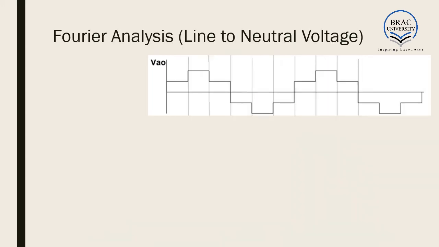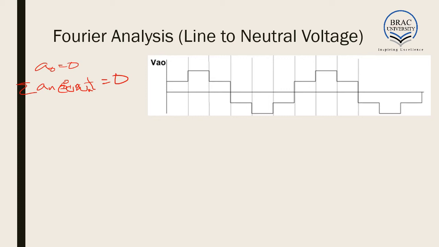Now, if you want to perform the Fourier analysis of line to neutral voltage, we see that the line to neutral voltage is anti-symmetrical, and this is completely AC. There is no DC component involved. So from that we can write A0 is equal to 0, and the summation of An cos n omega t is equal to 0.